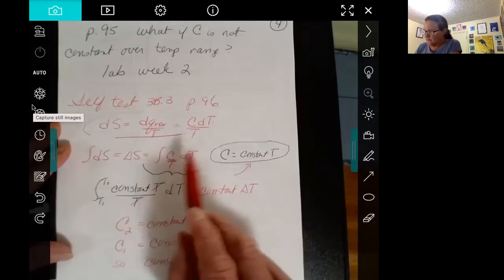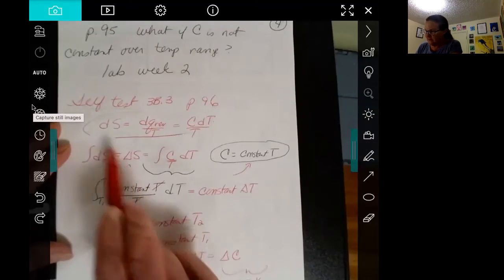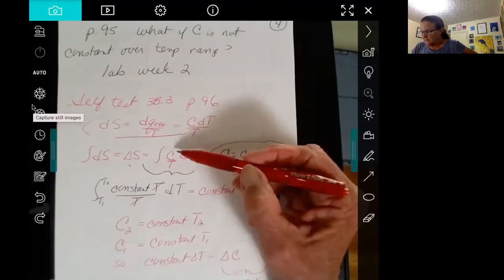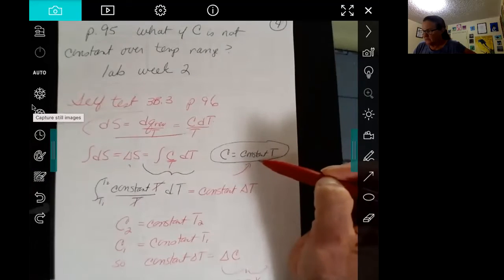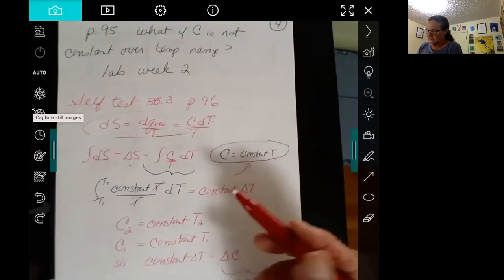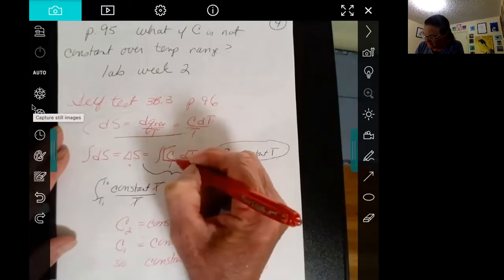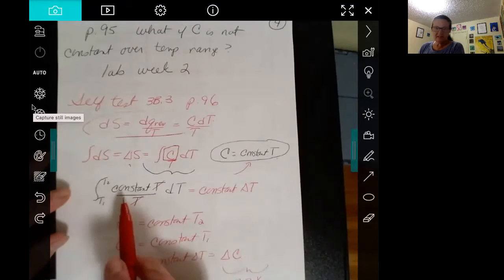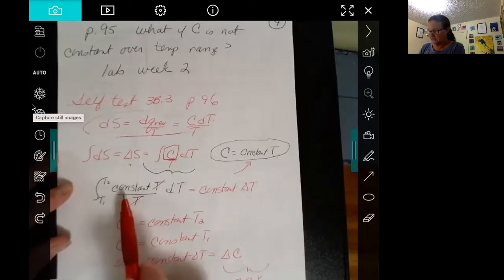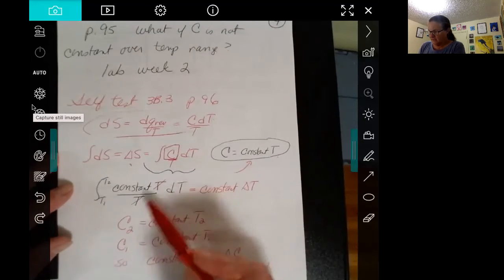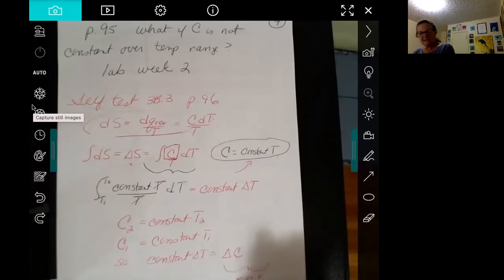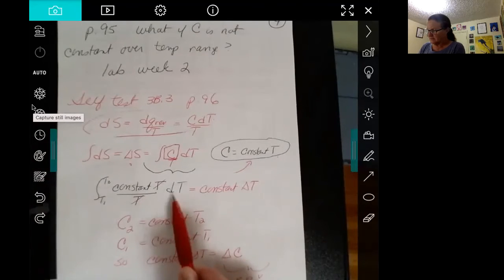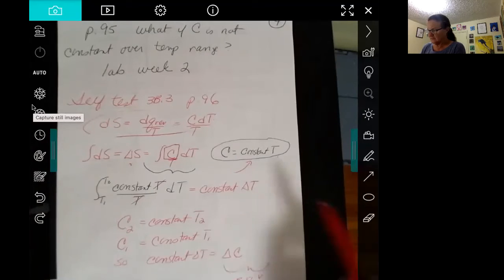And now when we integrate that, we get delta S on the left-hand side, but they're saying that C is actually equal to a constant times T. So we replace this, which is a function of T, and they say it's linearly proportional to T, so that means it's a constant times T. That will cancel the T's top and bottom. And so when I take the integral of a constant times dT, I get a constant times delta T.